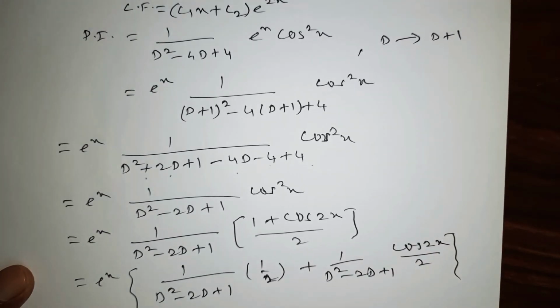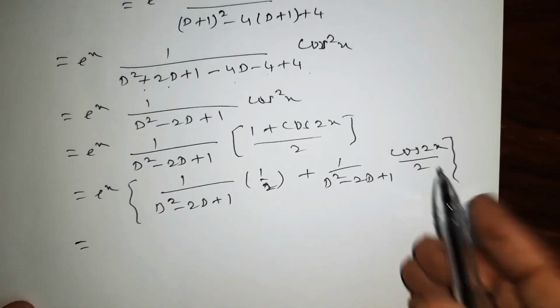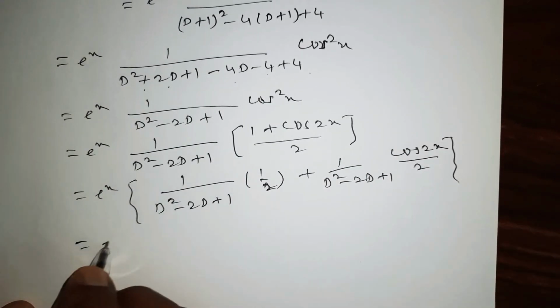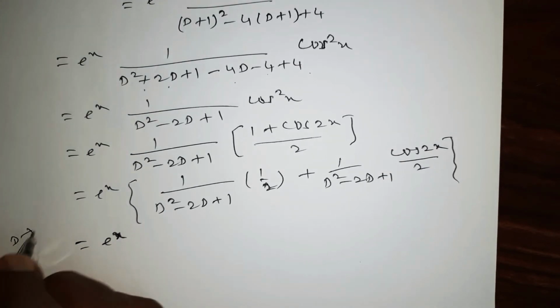Okay. Now, here for the constant term we replace d by 0, and for cos, replace d square by minus a square, means here minus 4. So, e raised to x, here you have to replace d by 0.